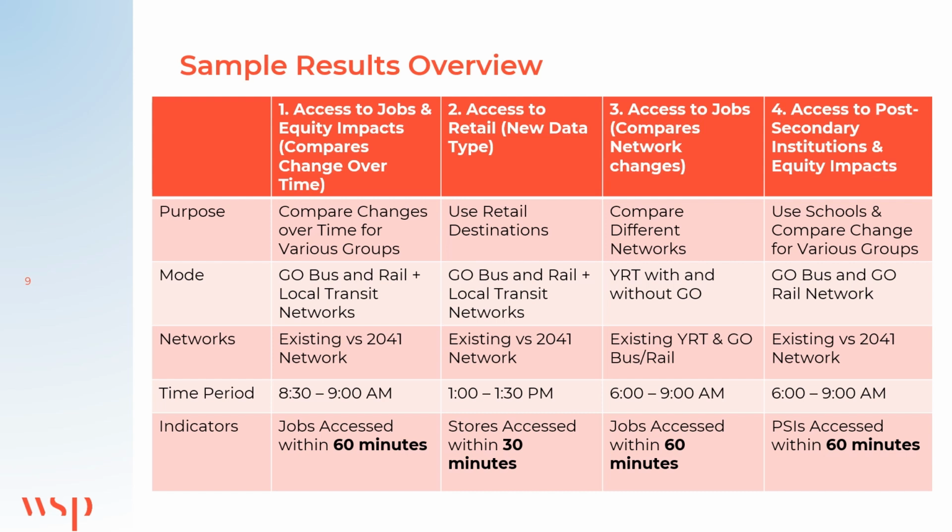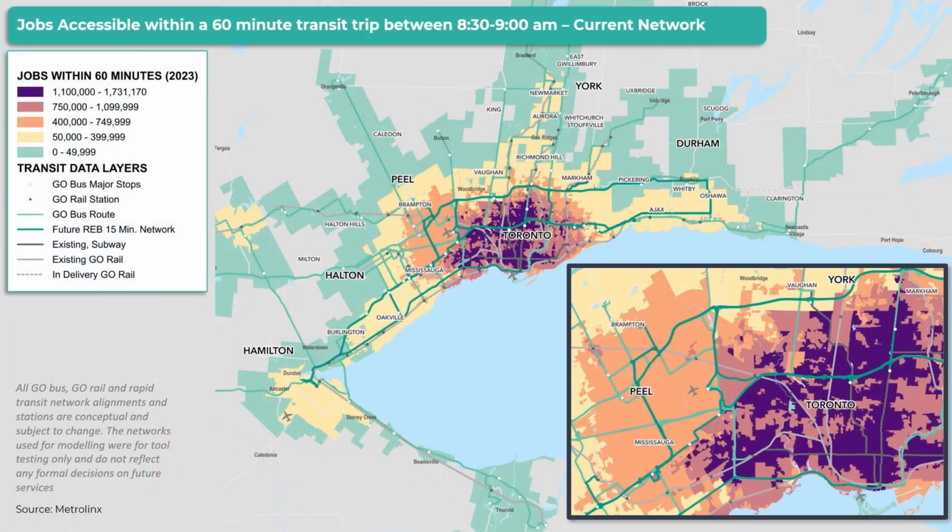Thanks, Anthony. As mentioned, really the power of this tool is that it can be used to demonstrate results very quickly, within a matter of days, as opposed to a matter of months. And it can be used in a very nimble way to demonstrate access to opportunities as the user wants to define them.